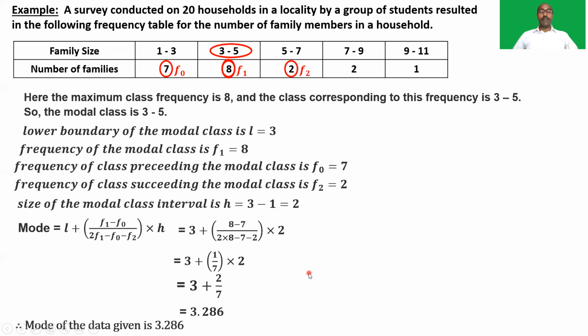Therefore, the mode of the given data is 3.286. This is the solution of the given example. So in this example, the mode we got is 3.286.